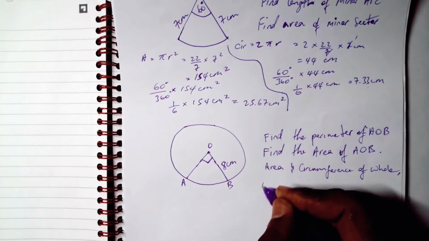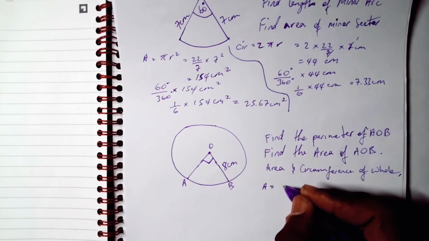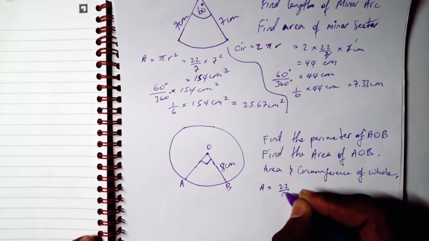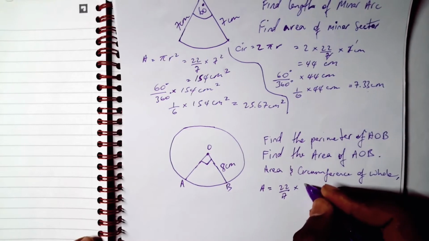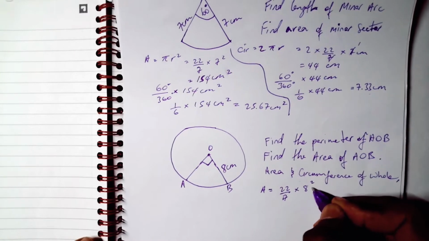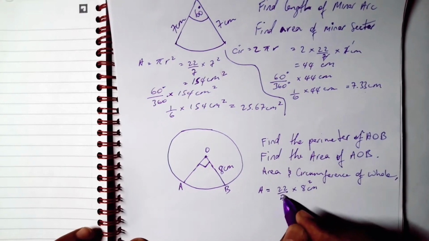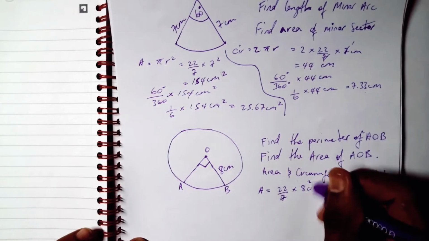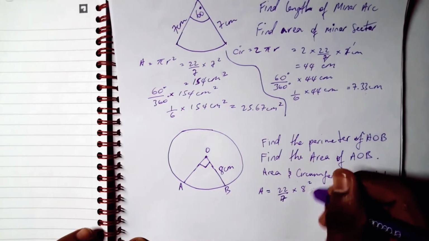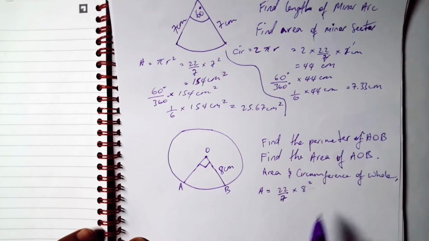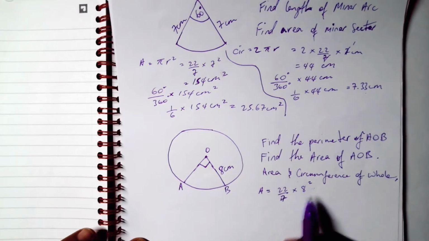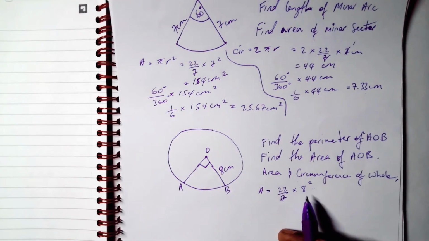So the area is going to be 22/7 multiplied by 8 squared. 8 centimeters, 8 squared. Let's just remove this for now because I don't want you to get confused. The formula is pi r squared. I'm going to do the calculation off-site.